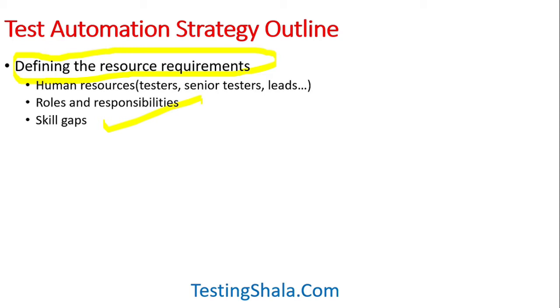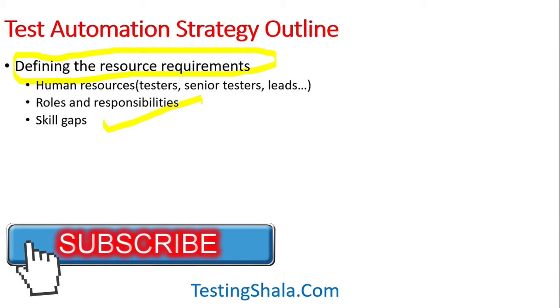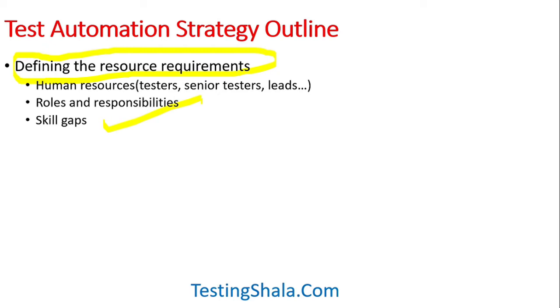We should assess whether there are any skill gaps, whether the existing resources know only manual testing, and whether we really need to train the new resources. For whatever tools we are going to procure, or for the assessment of a new tool, will that require any new skills to be brought to these resources?